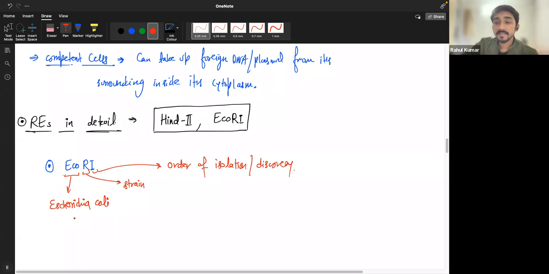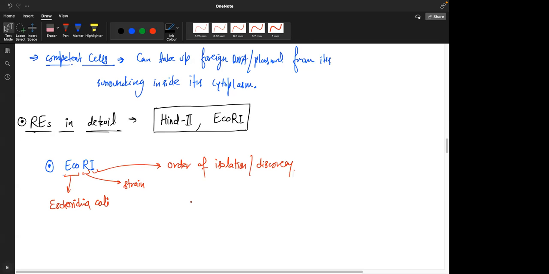It means that the restriction endonuclease is derived from E. coli, the strain is the same, but it came after one. So that's the second endonuclease that has come from E. coli bacteria. So the first part always tells you the name of the organism from which that restriction endonuclease has been derived, the second talks about the strain, and then the Roman numeral talks about the order of isolation. Is it clear, everyone? Yes, sir.